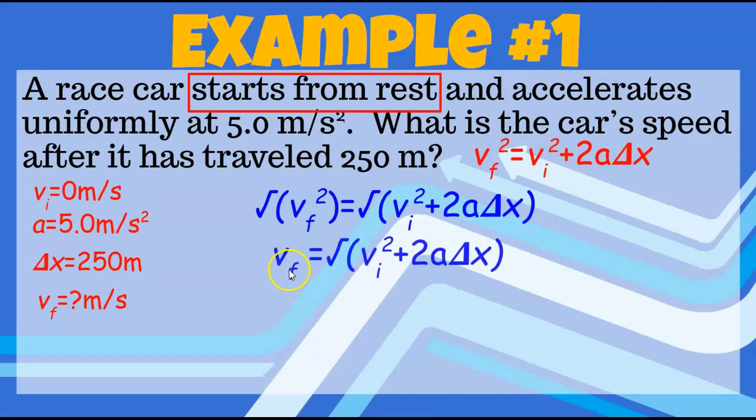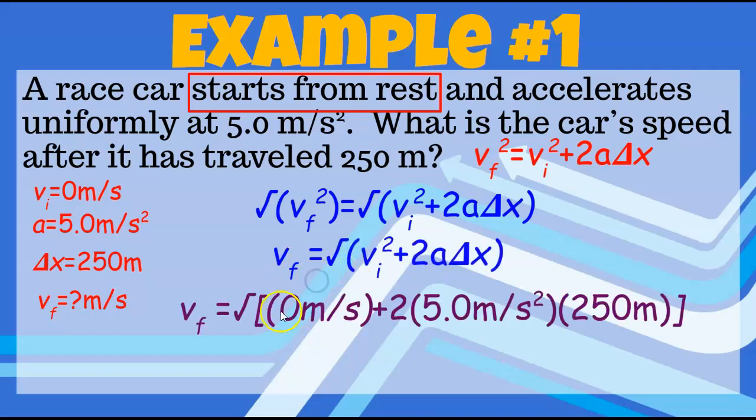When I plug it all in, this is essentially solving algebraically down to solve for final velocity. Again, all you really have to do is show me this, plug everything into this formula to get your mathematical answer, which would be this.